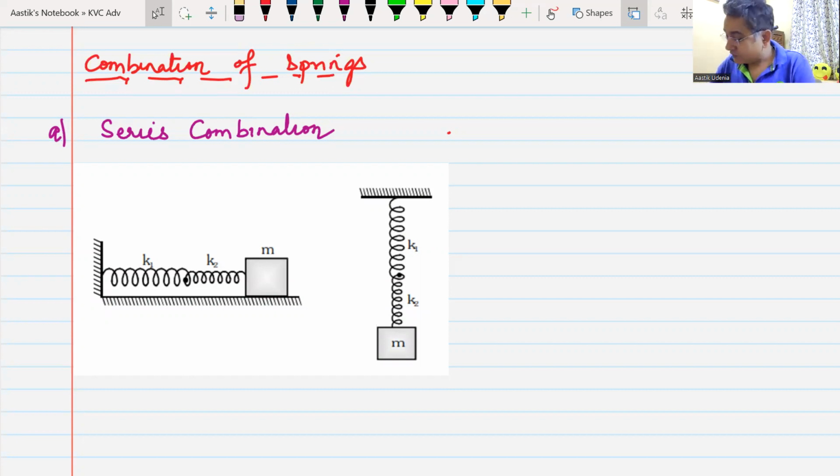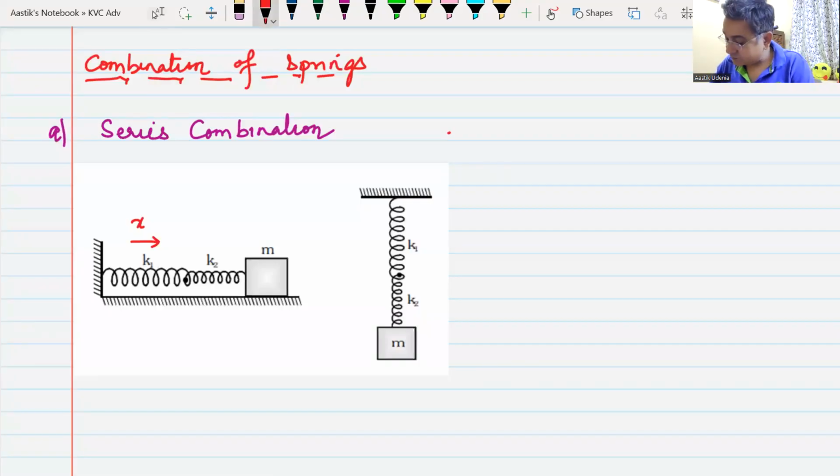In this case, both of these springs will have different displacements, x1 and x2. Their displacements are different. Do we know this? Yes, sir. So x1 and x2, they have different displacements; the extensions in the springs are different.